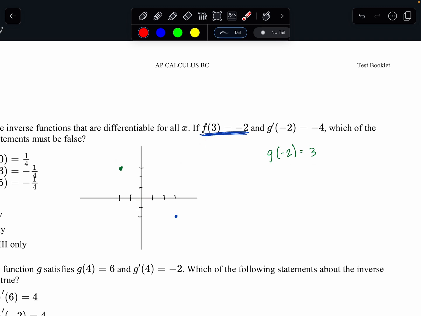Now I know that the graph of g has a slope at this point, the instantaneous rate of change, of negative 4. So if there were a tangent line at this point, it might look something like that.